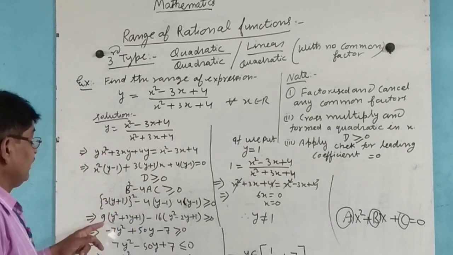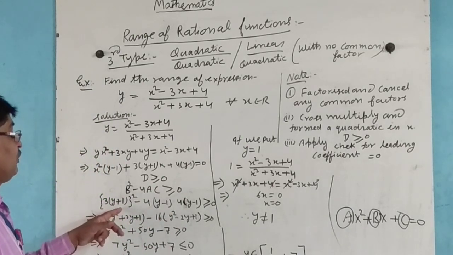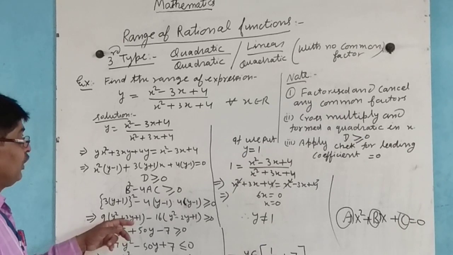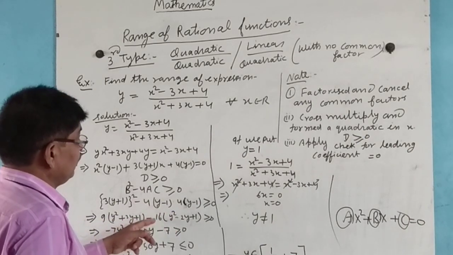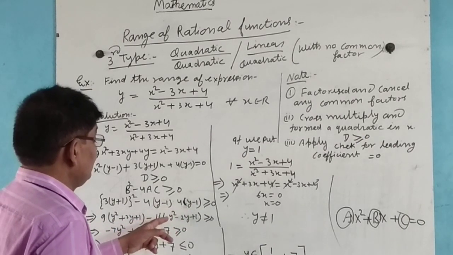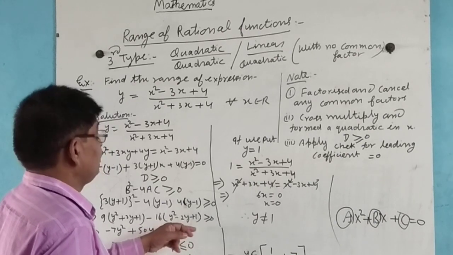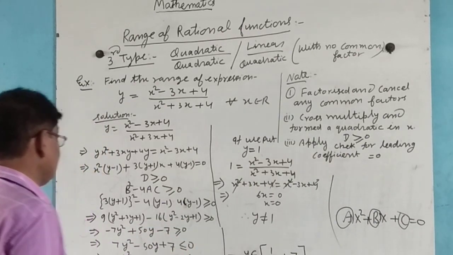Now 3 3 is 9, (y plus 1) whole square, y square plus 2y plus 1, 4 4 is 16, and this y square minus 2y plus 1 greater than or equal to 0.